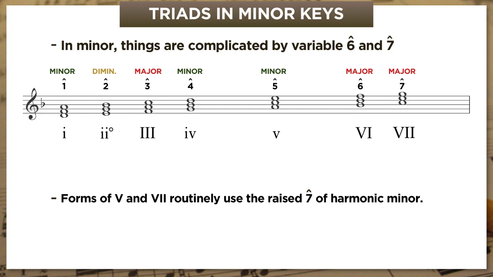In the case of the dominant, that means turning a minor triad into a major one and adjusting the Roman numeral accordingly. And this isn't just an occasional thing. In the classical style, the dominant almost always appears as a major triad, one that has that extra accidental raising its chordal third. And we see something similar with 7.